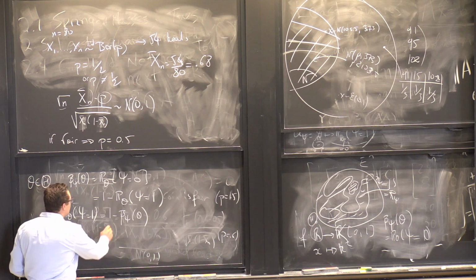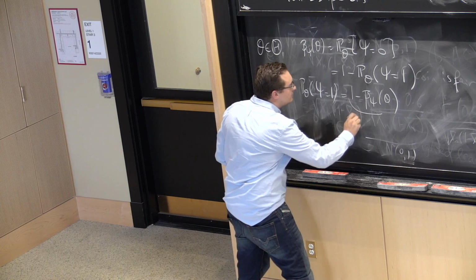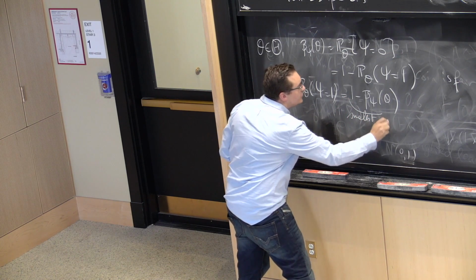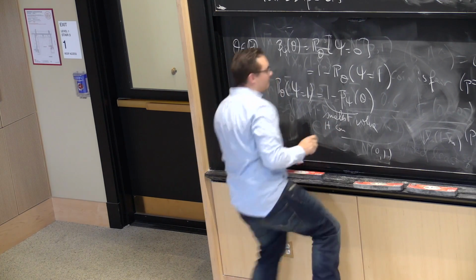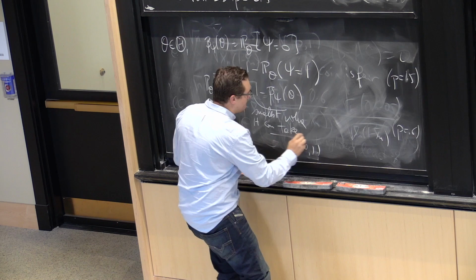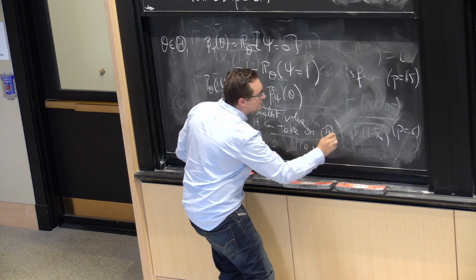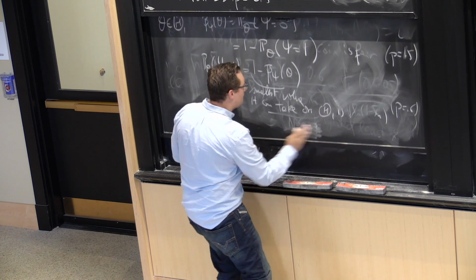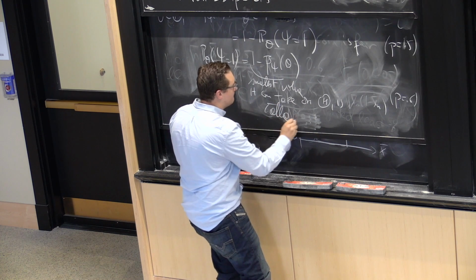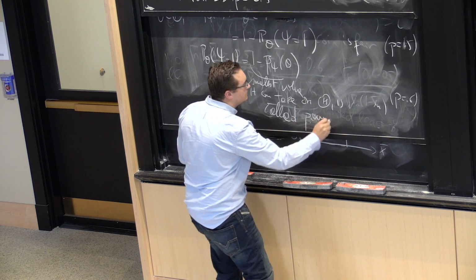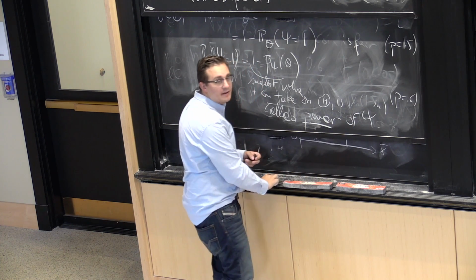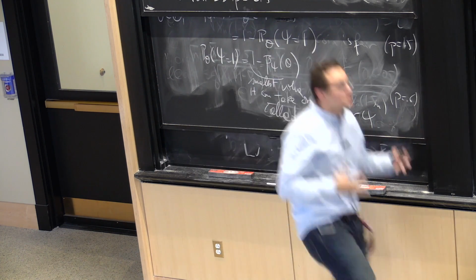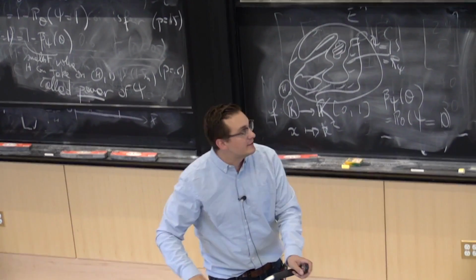OK, and so what I'm looking at is basically the smallest value it can take on theta 1 is called the power of the test psi. OK, so that's the smallest possible value it can take.